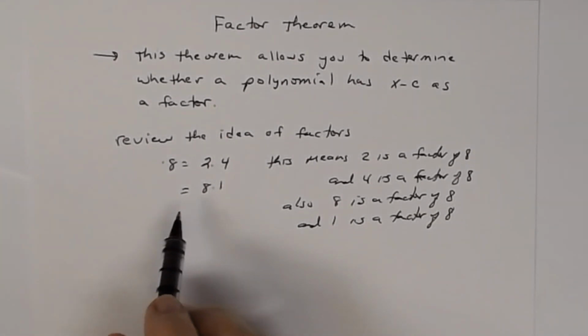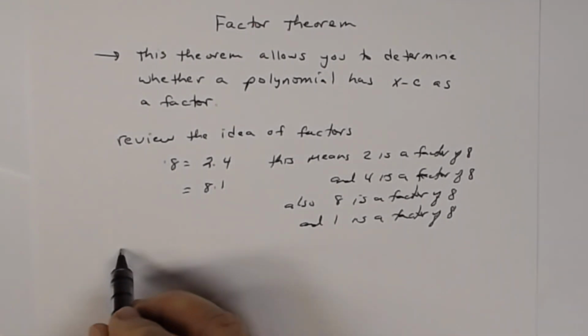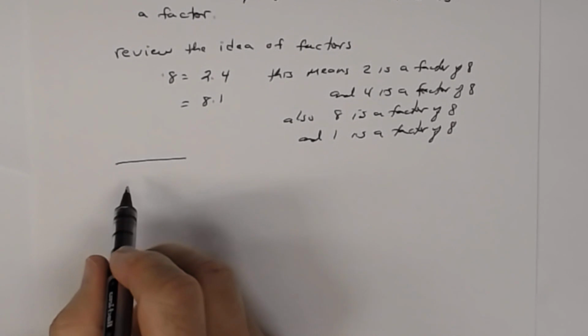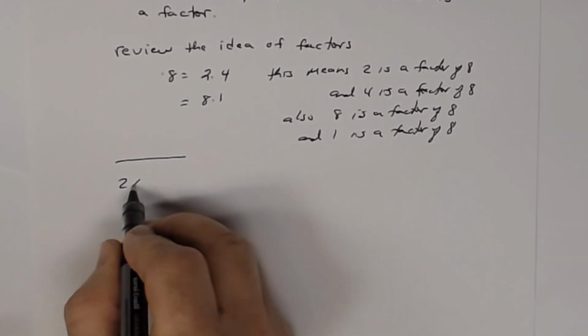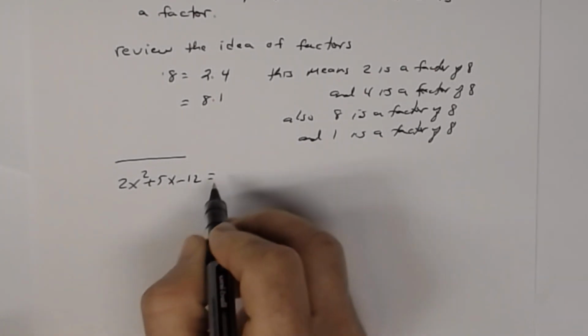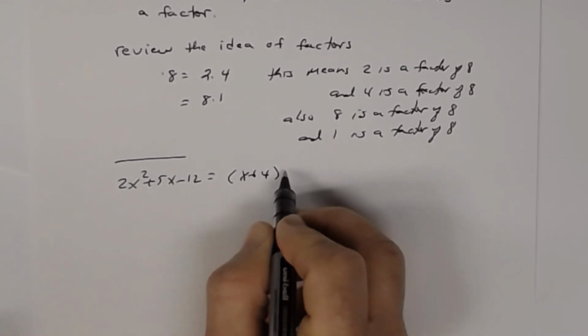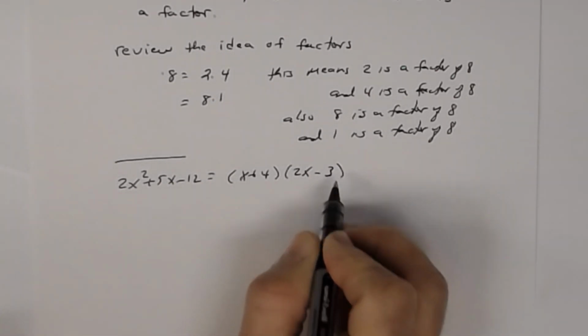And we could generalize this in terms of polynomials as well. So we know that this polynomial 2x squared plus 5x minus 12, when I factor it, is going to be x plus 4 times 2x minus 3.